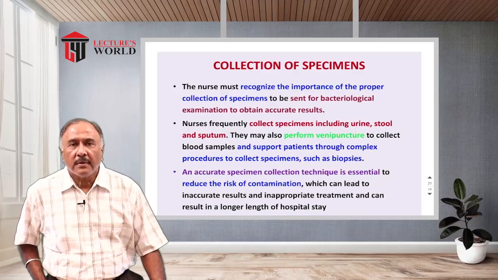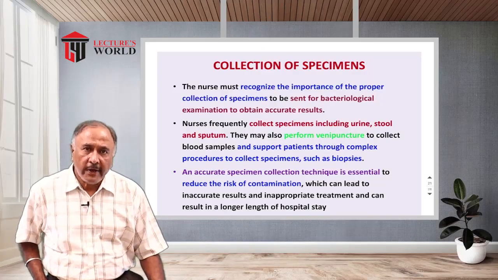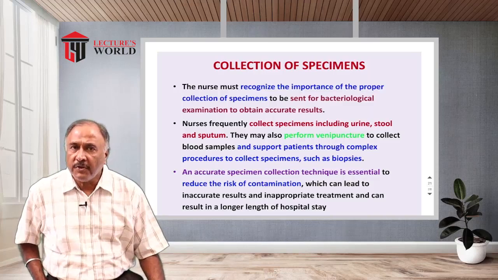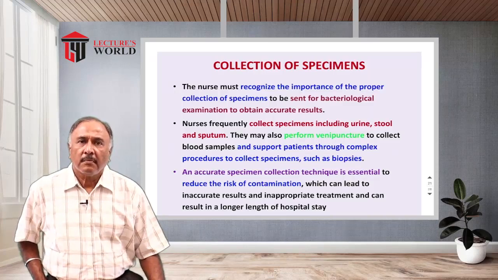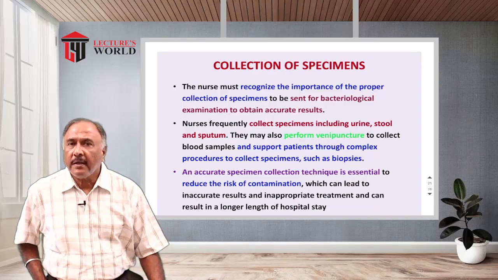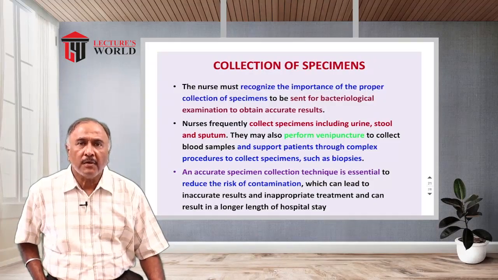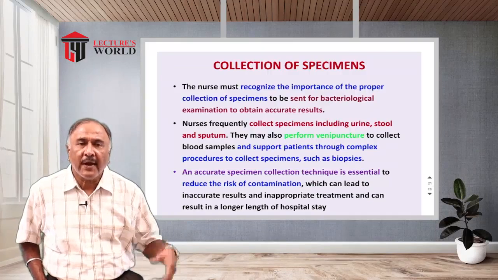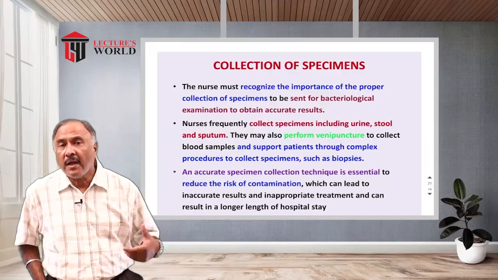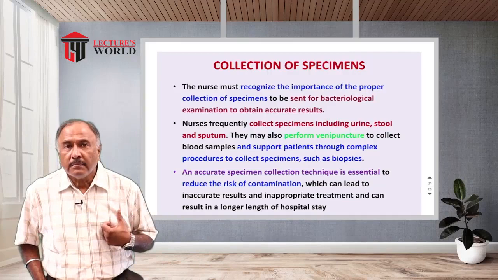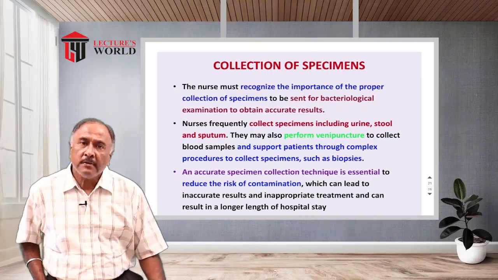Otherwise, wrong results may be reported. Instead of a causative agent, the laboratory may report a normal flora as a causative agent, and the entire line of treatment will be changed.